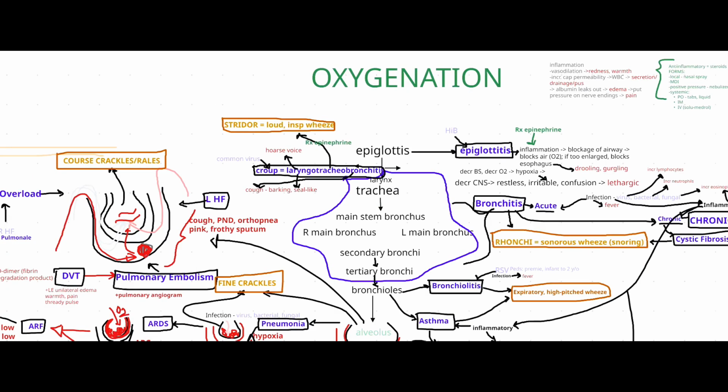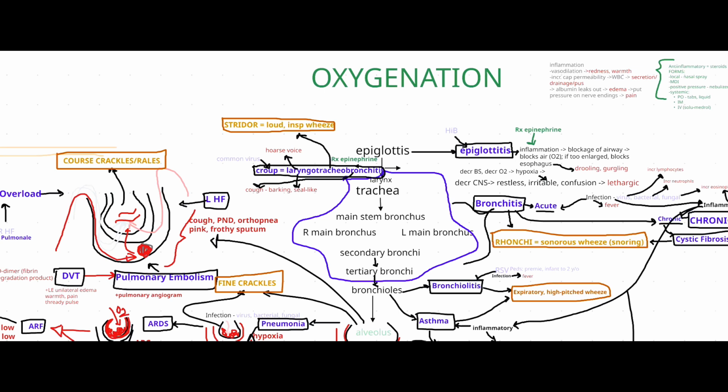It vasoconstricts. When you vasoconstrict, you're decreasing the edema, because we remember in inflammation we have vasodilation. So you reverse that, you decrease the inflammation and the edema. It's also an antihistamine, so you're decreasing the swelling. What else? It bronchodilates, so it opens your airway.